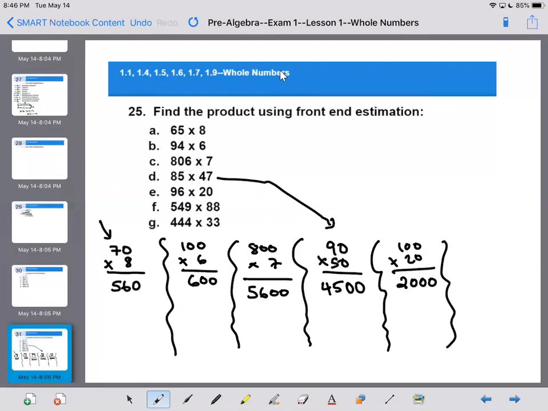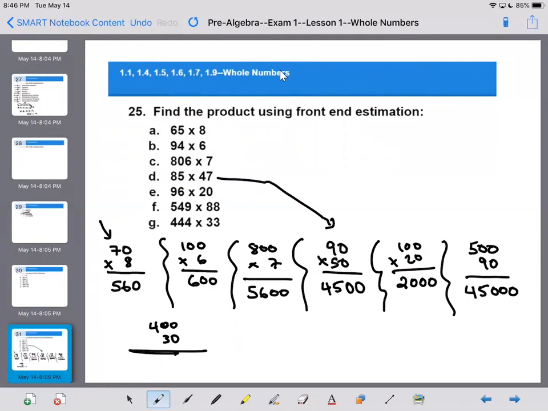549, I'm just going to go ahead and say 500. 88, I'm just going to say 90. So 9 times 5 is 45. I see 3 zeros because I've multiplied by 10 3 times, which is 1,000. So what's 1,000 times bigger than 45? It would be 45,000. And then last, I see 444, so I'm just going to say 400. 33, I'm going to say 30.